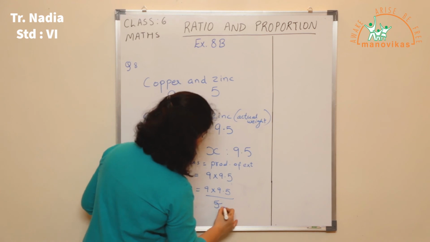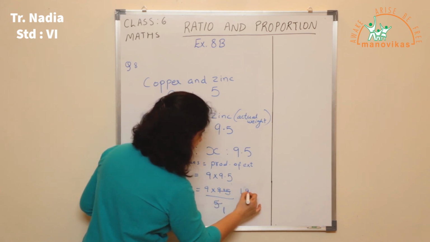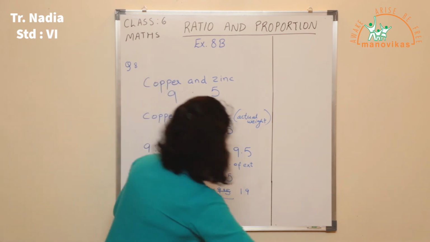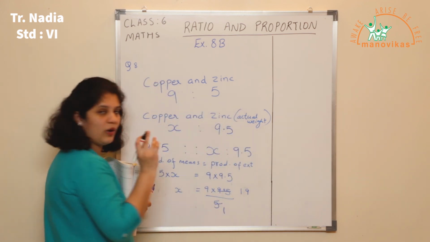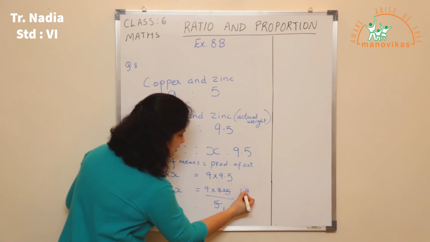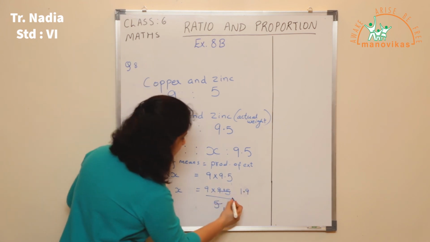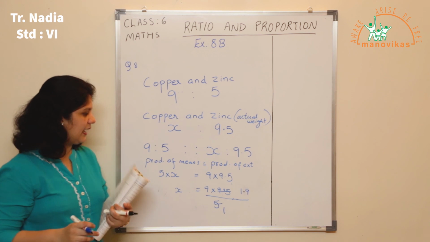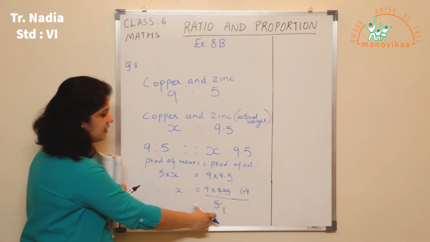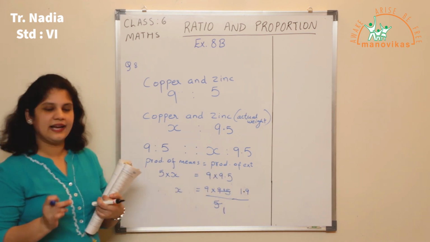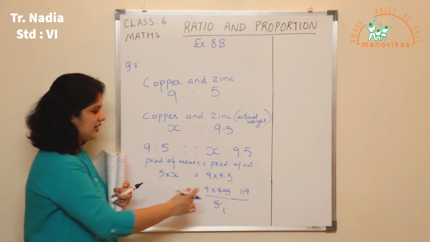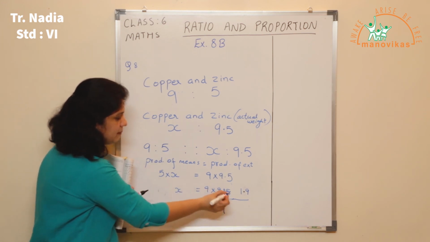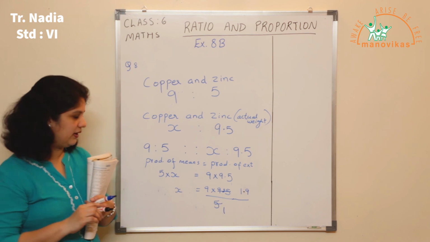5 ones are 5, and 5 19s are 95. But since it was 9.5, it had one decimal place, so the answer also will have one decimal place. So I reduced the 9.5 and 5: 5 ones are 5, 5 19s are 95. In the 19, I put one decimal place, so it became 1.9.